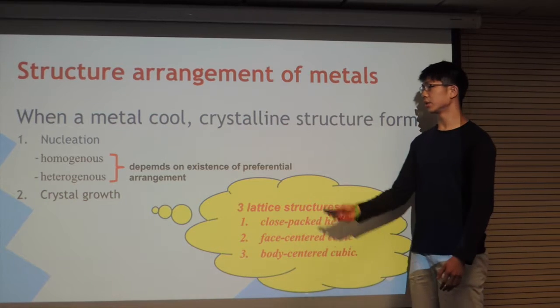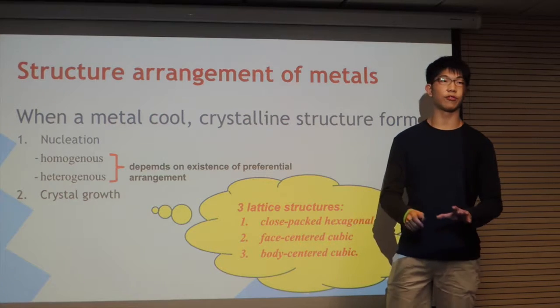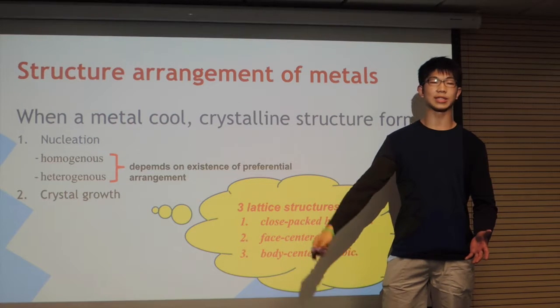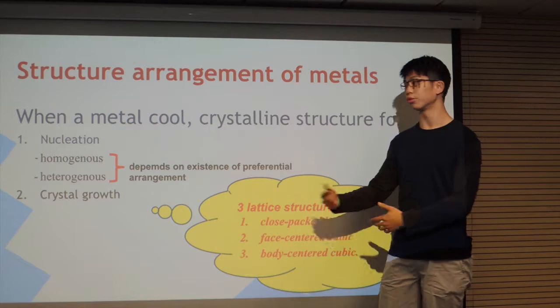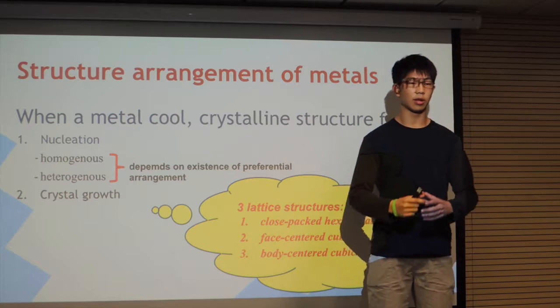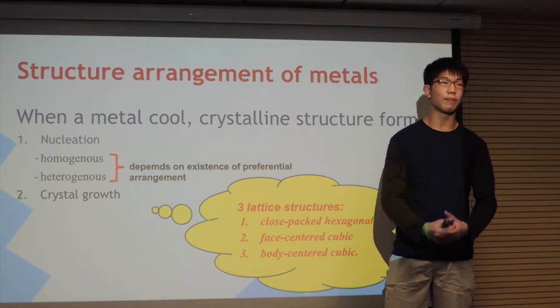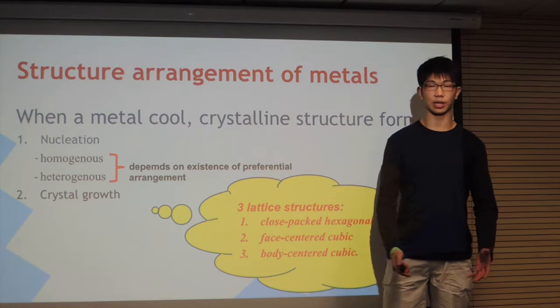Then they form the base for the crystal lattice structures. When more grains add into the structures, they will form the crystal growth. That makes the lattice structures grow from a small part to a large part.